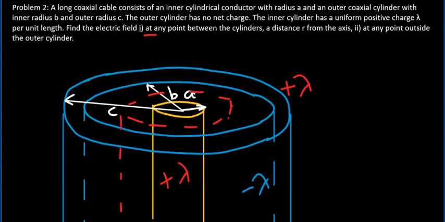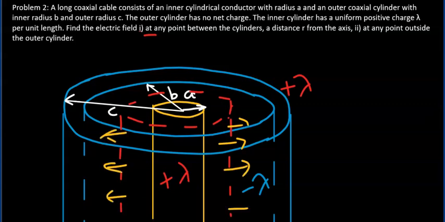So that's the Gaussian surface. Now note that the electric field is going like that, perpendicular to the curved surface of that cylinder. So the top flat surface has no electric field penetrating through it.